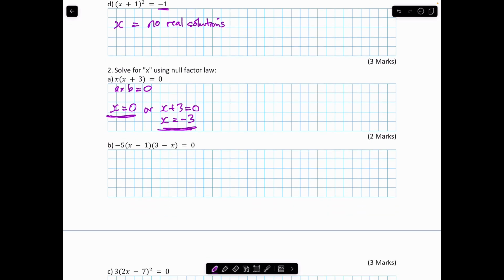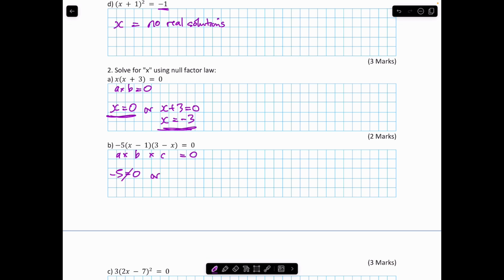Here, it looks harder, but it's not. You've got something times by something else times by something else equals 0. The law still applies. Negative 5 can't equal 0 because we know negative 5 is not equal to 0, so we ignore that one.